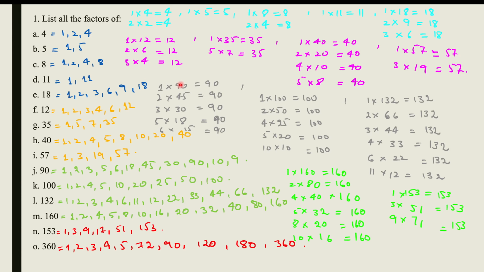If I write 100 here, 100 cannot be a factor of 90, because it will never divide it completely. We will always have a remainder. So the highest factor of any number is the number itself, and the lowest is, of course, 1.